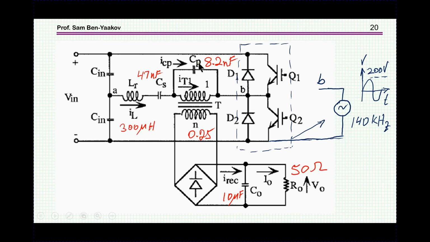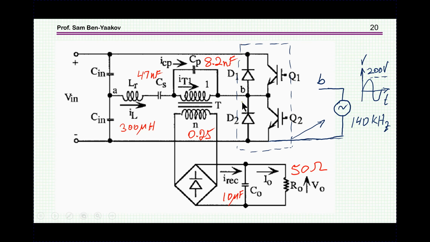Here are the values of these elements. This is the value of the transformer, rectifier, and filter capacitor, and I'm running this for 50 ohm. In order to simplify matters and not worry too much about distortion, I've replaced this part in the simulation by a sinusoidal time domain source that has a peak value of 200 volt and a frequency of 140 kilohertz.